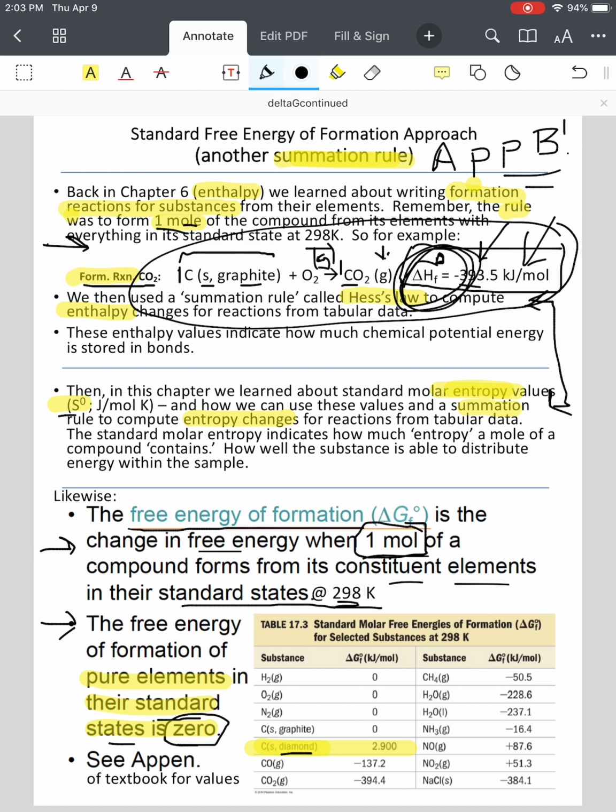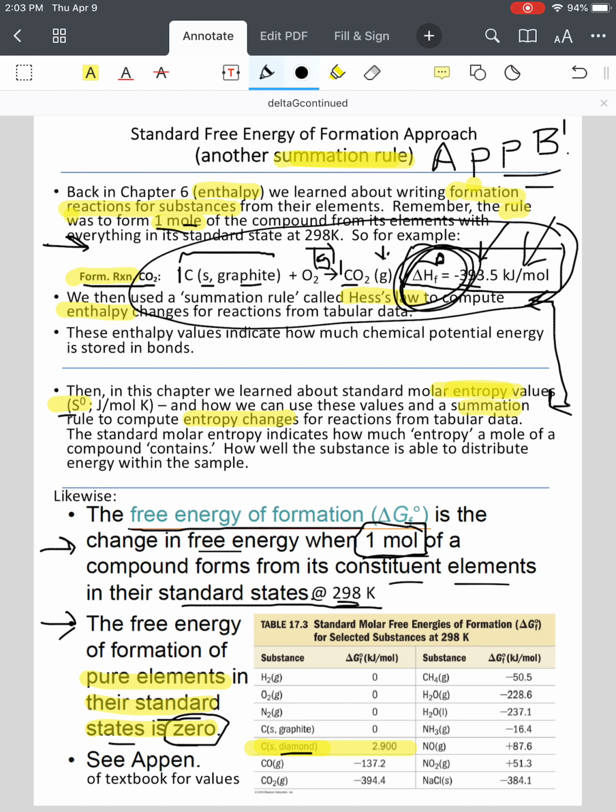Now diamond is not our standard reference material for carbon. Graphite is, okay? So even if elements have different allotropes, only one gets this standard state, this standard reference material. So as a result of that, diamond is not our standard reference state, and because of that, it has a non-zero delta G formation, okay?